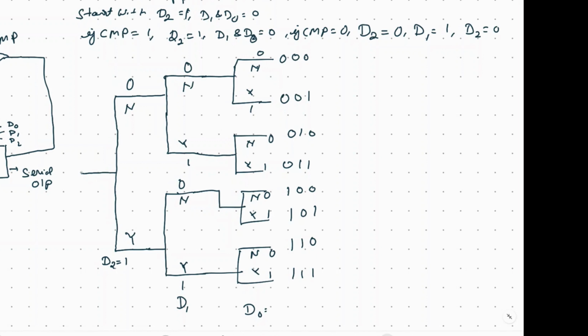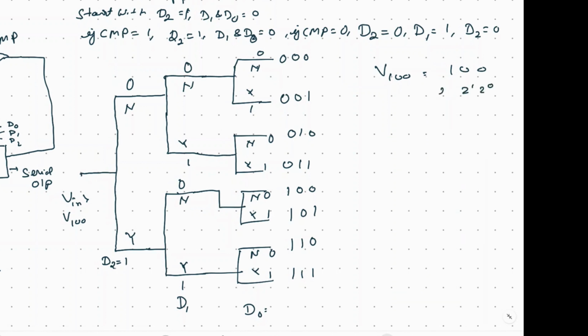Now let's see an example. Let's say V input, V in, is 5.2 volts. First it will compare whether V input is greater than V100, where V100 means D2 is 1 and D1 and D0 are 0.